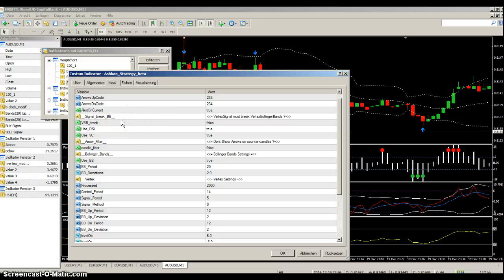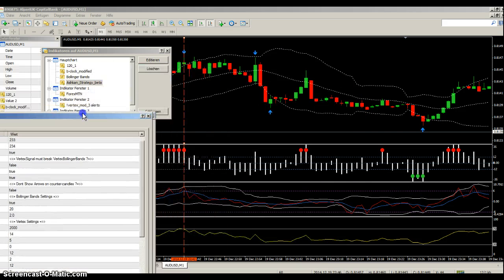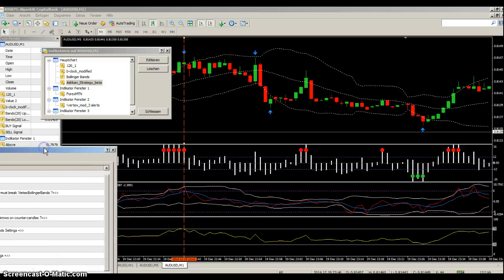What I added additionally to the strategy is the possibility to set this setting to true. It means BBB break, which means the vertex signal Bollinger Bands must be broken too. You know, the original rules are that this red line goes above 6.